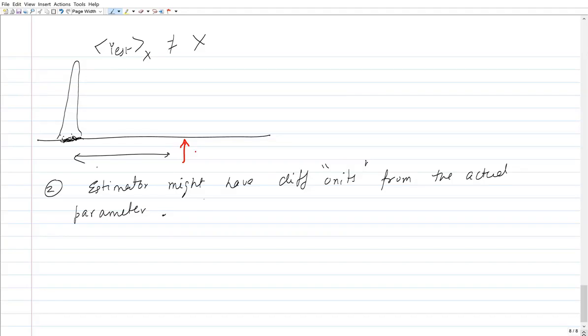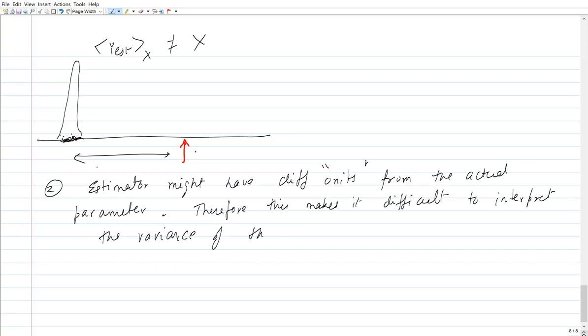Therefore, this makes it difficult to interpret the variance of the estimator. So it just boils down to a question of change in units.